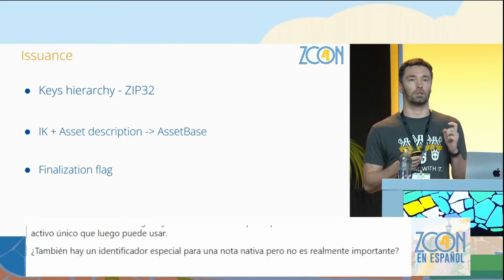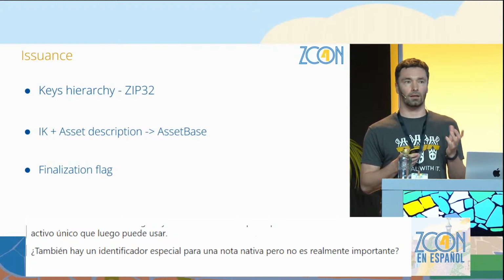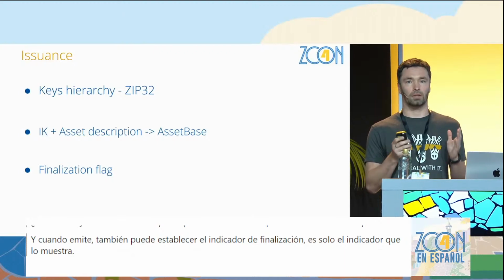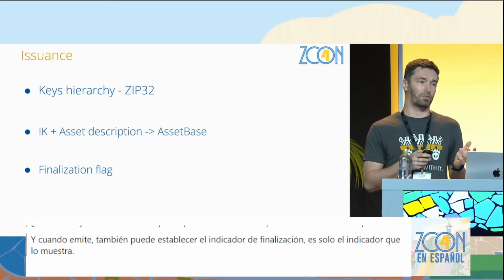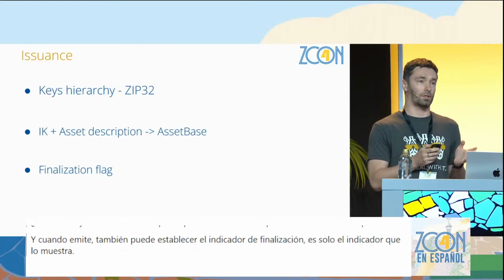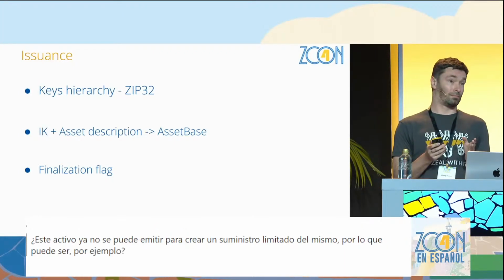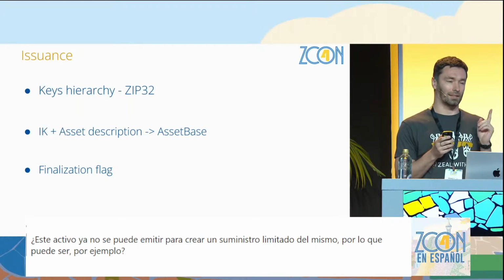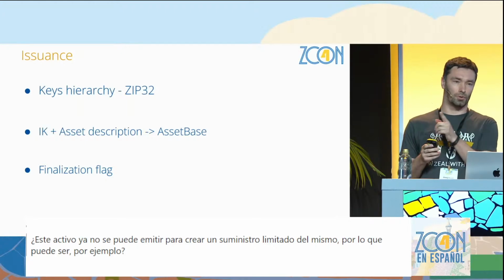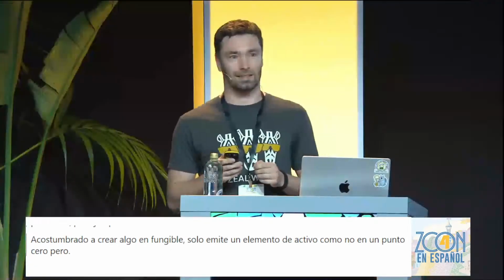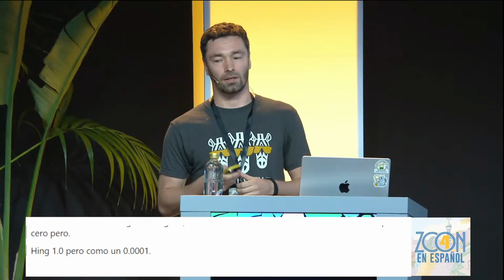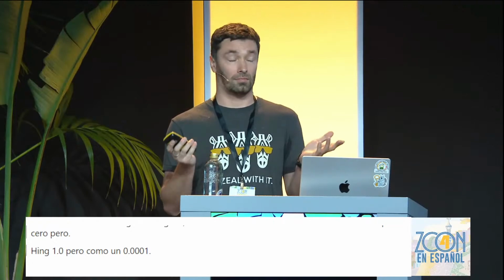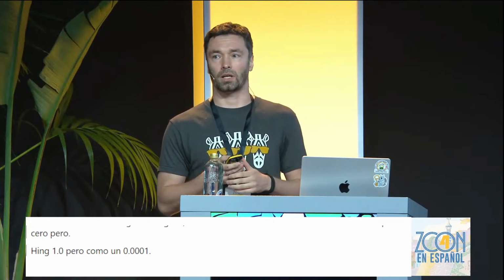It's just a flag that shows you that this asset can be no longer issued to create a limited supply of it. So it can be, for example, used when you create something non-fungible. You just issue one item of asset, like not in 1.0, but like in 0.00001. And so you can use it basically as NFT. Or you can say that there are only thousands of something, and no more can be created after that.